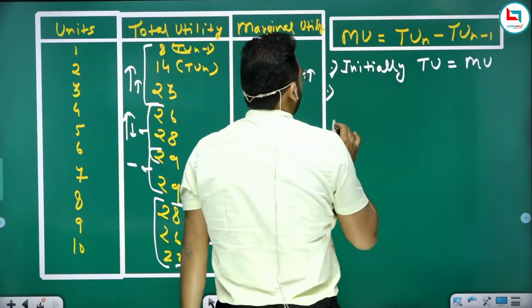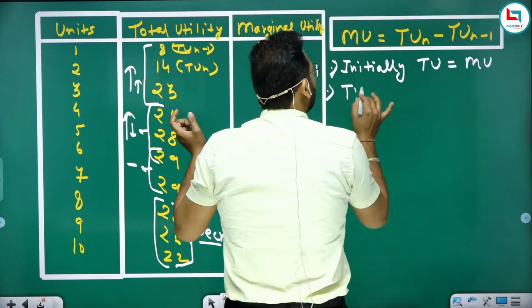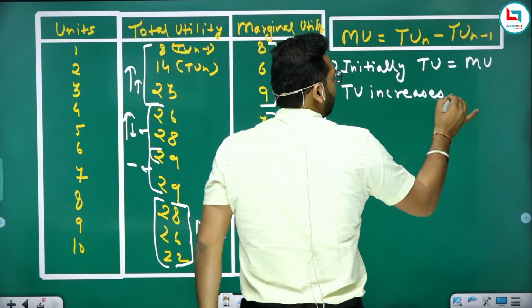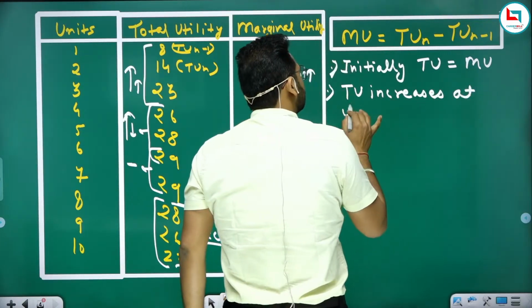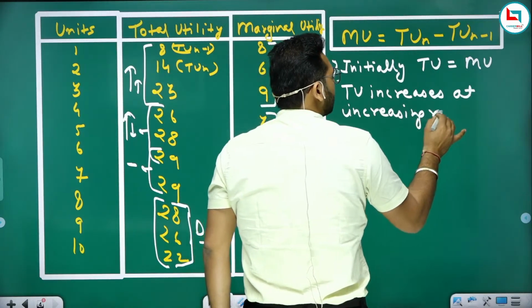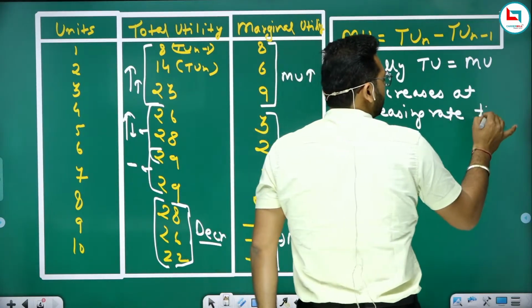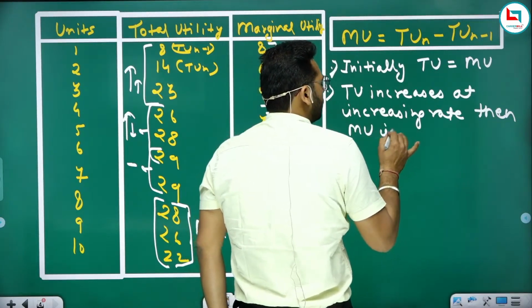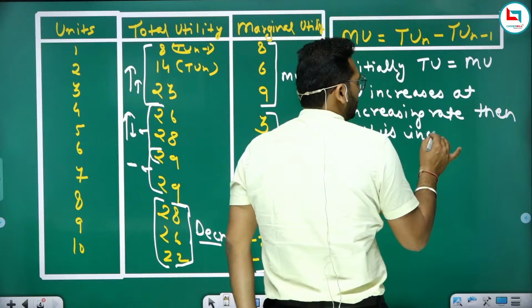The second one is what? When TU increases at increasing rate, then MU is increasing.